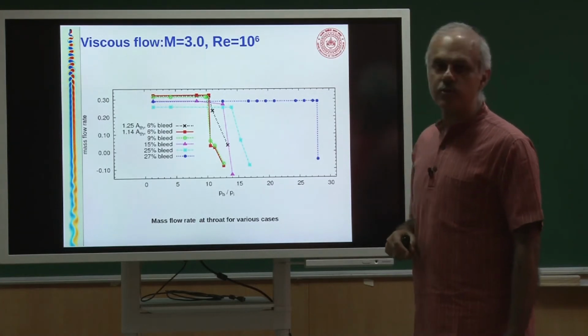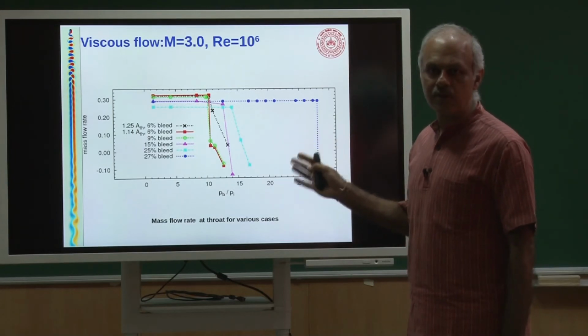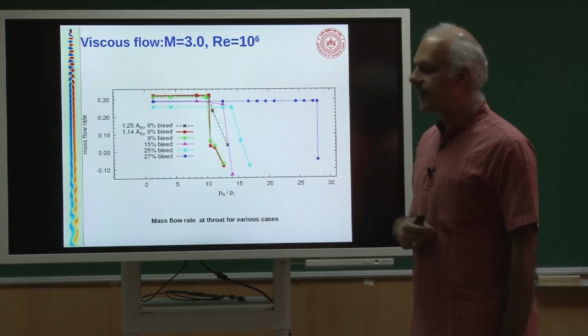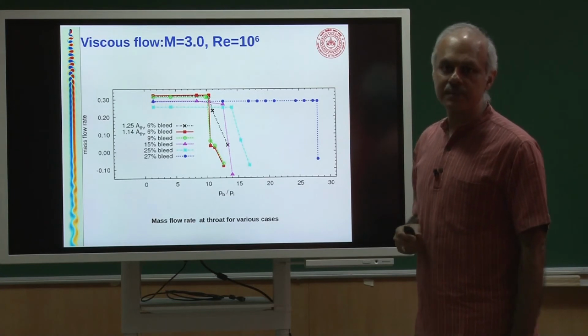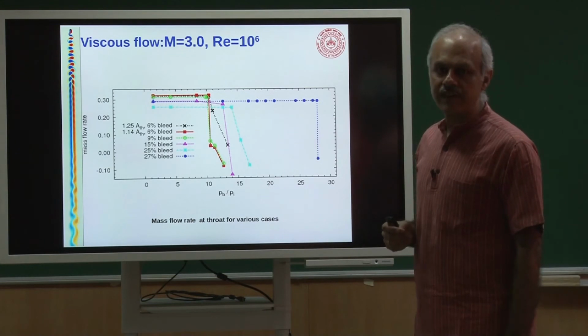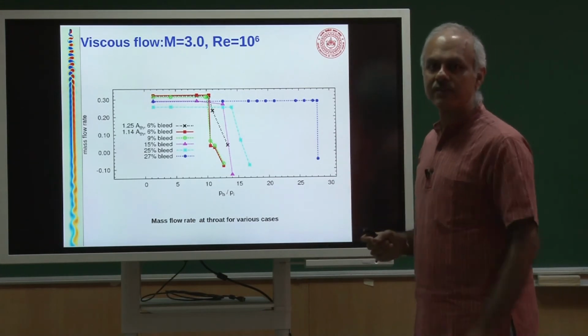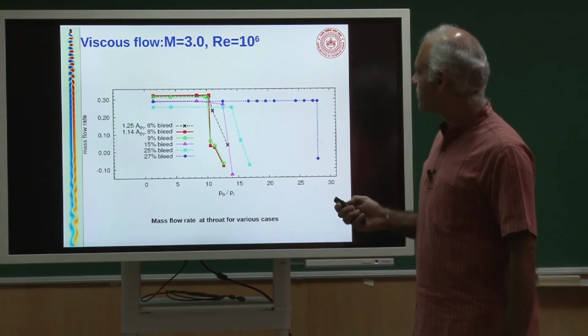It can unstart in two ways. One is it just unstarts all of a sudden. The other is you could get an instability called the buzz instability, wherein there is an interaction between the shock wave and the boundary layer, and the shock waves go back and forth in the intake, which I will just show you.